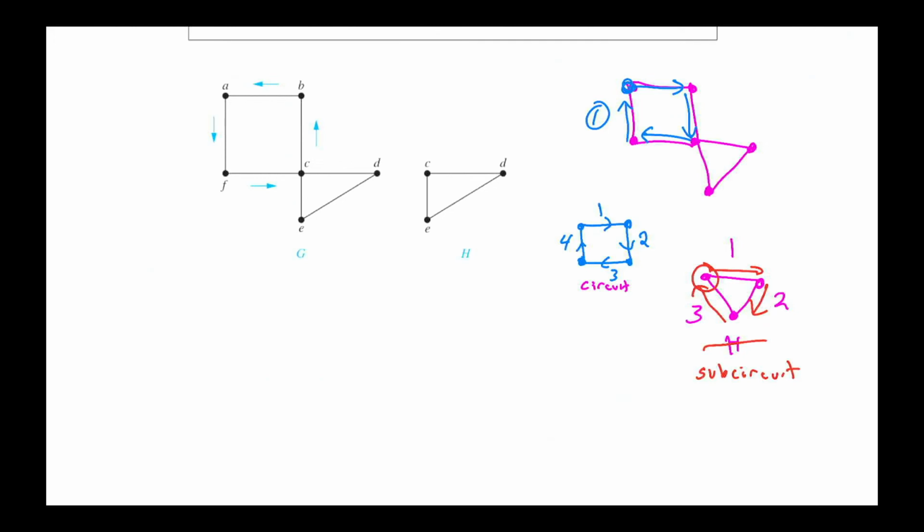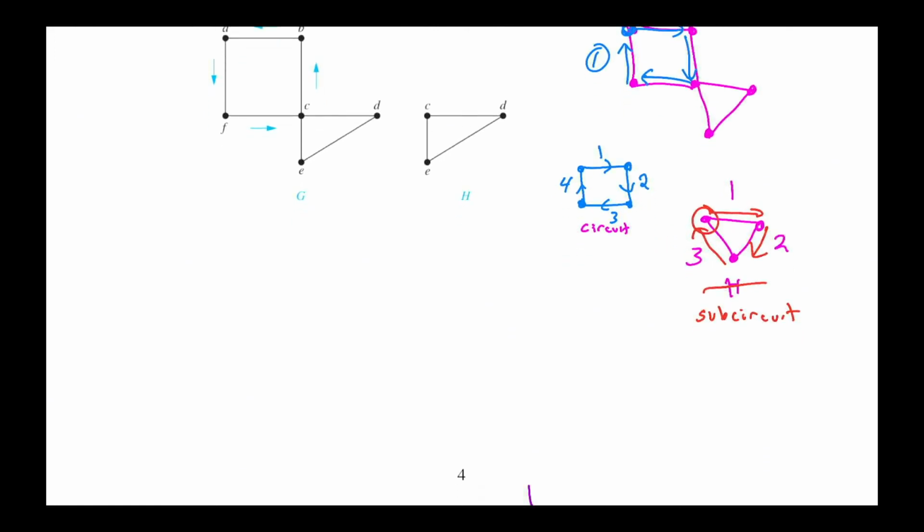But this vertex and this vertex were actually the same vertex. So what happens is you put them back together like this, and your numbering does this now.